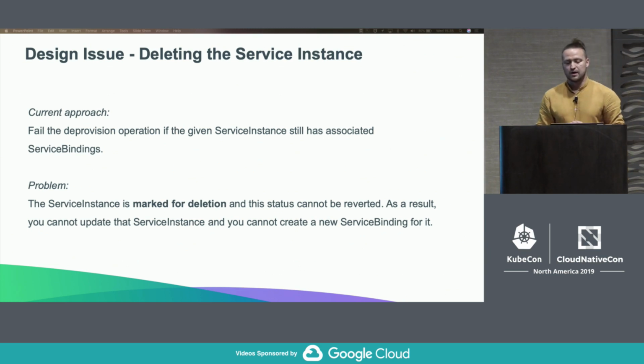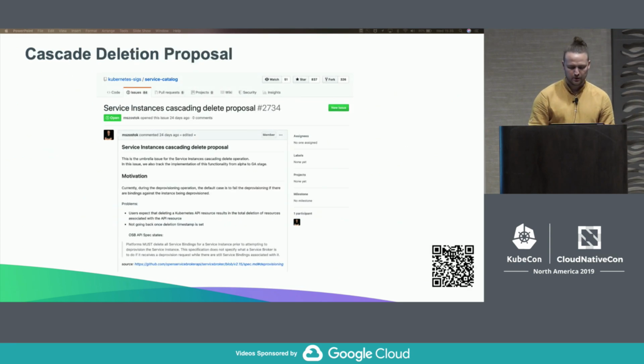But the deprovision process will fail because you still have some associated service bindings to that service instance. The problem is that the service instance is already marked for deletion, and we cannot revert that state. As a result, you are not able to update that service instance or create a new service binding. So the current behavior is so-so.